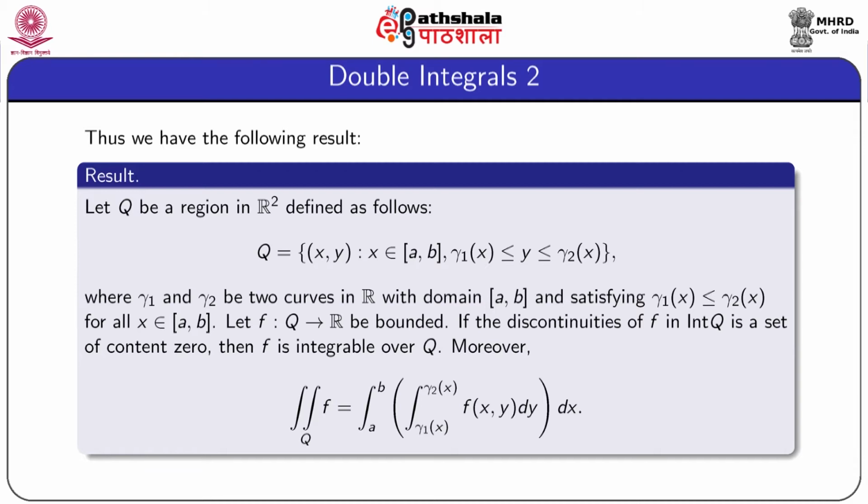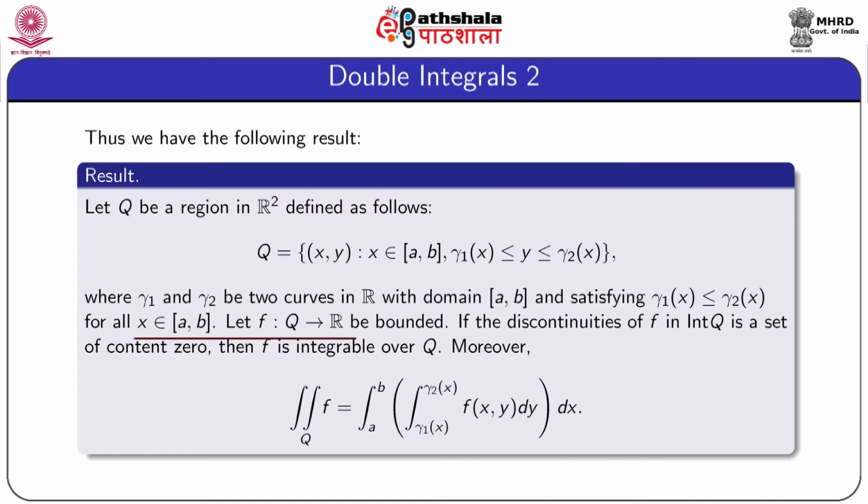Thus, we have the following result. Let Q be a region in R2 defined as follows. Q equals the collection of ordered pairs (x, y) where x is in [a, b] and gamma 1 of x is less than or equal to y less than or equal to gamma 2 of x, where gamma 1 and gamma 2 are two curves in R with domain [a, b] and satisfying gamma 1 of x less than or equal to gamma 2 of x for every x in [a, b].